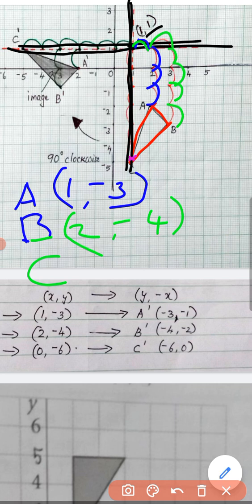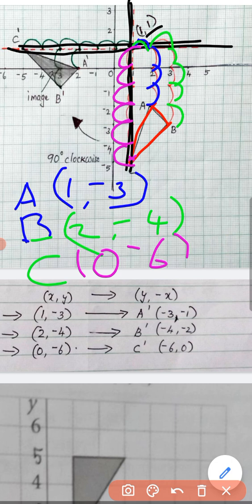A point on y-axis means its x coordinate is 0. Now find the distance. 1, 2, 3, 4, 5, 6. 0, -6.